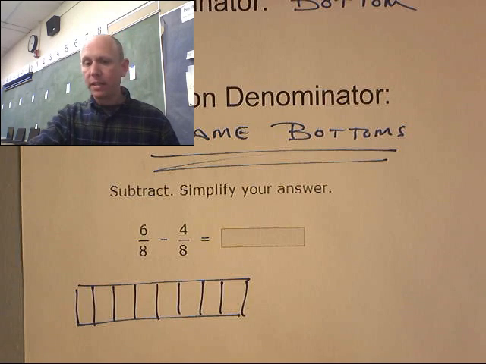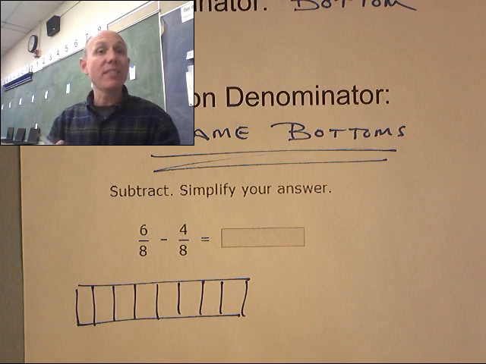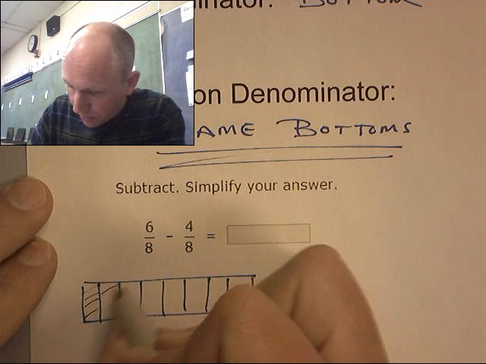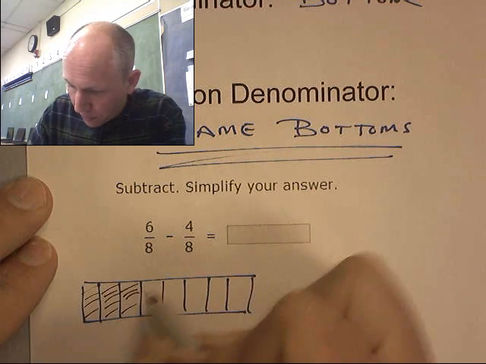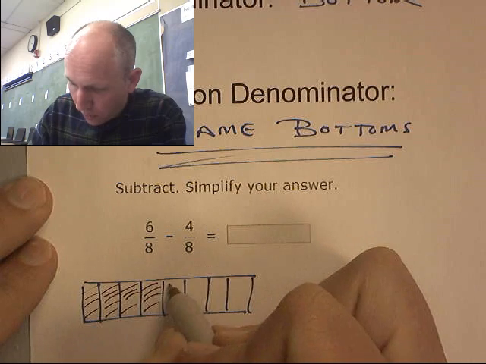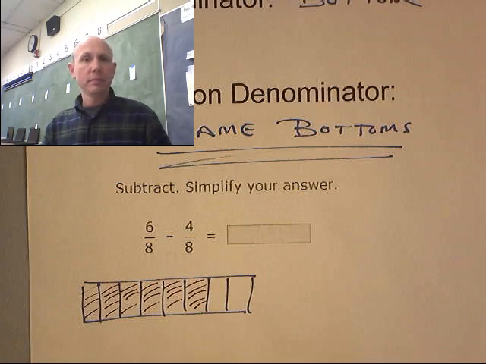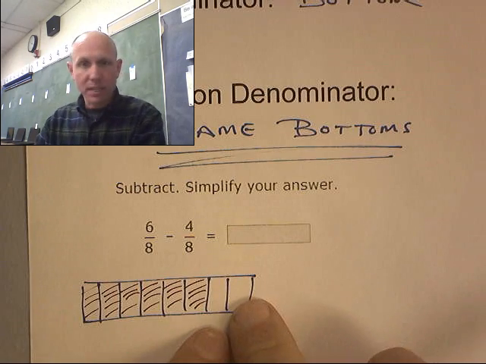So I just took something and I broke it into 8 parts. I have 6 of these parts. So here we go. 1, 2, 3, 4, 5, 6. So I have 6/8.